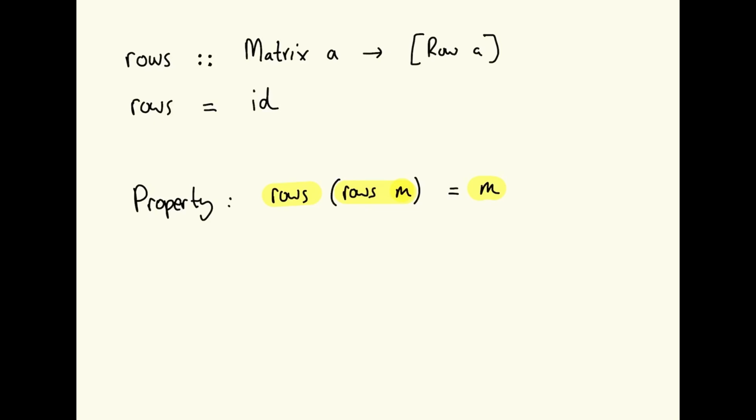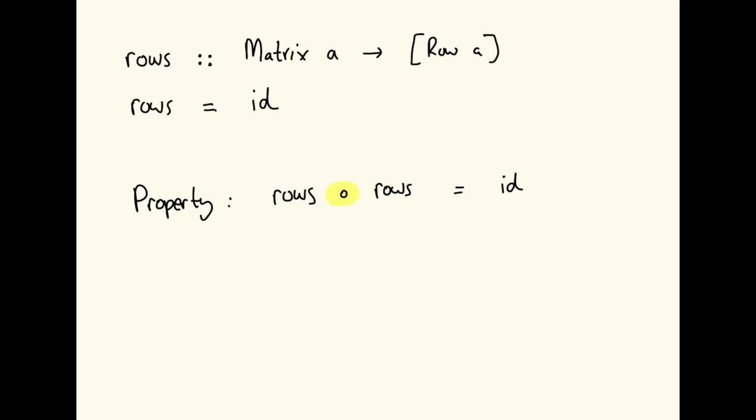Again, if we wanted to be clever, we could write this property in a more concise way. What we could say is that if you compose the rows function with itself using function composition, then you get the identity function. This is just normal function composition, which you've learned about in Haskell.